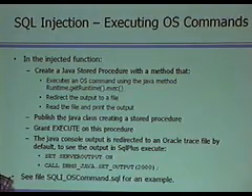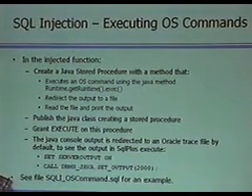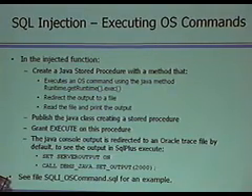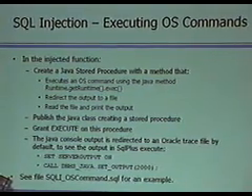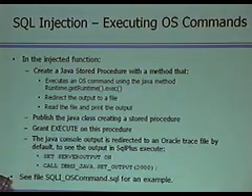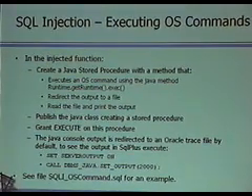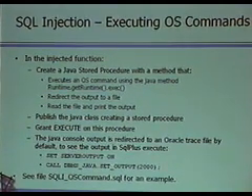So now we will see an example of an exploit to execute operating system commands. To do this, we create the Java stored procedure that calls the get runtime exec Java function, redirects the output to a file, and then reads the file and prints it to the output. So we will get the output of the command.